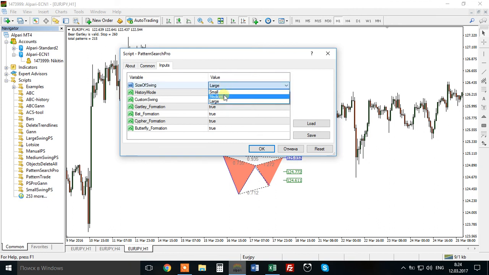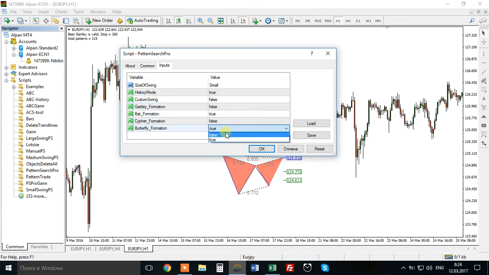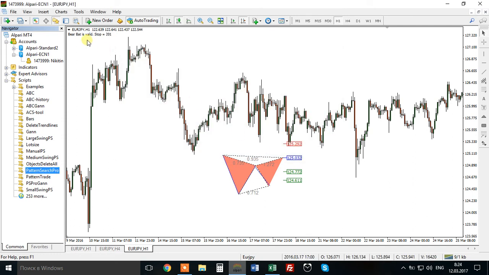You can do the backtesting of small patterns. History mode is on, then you disable guard list, disable this, disable that, and you will have even more patterns. So now we will calculate how many patterns we have total. We will then subtract that.